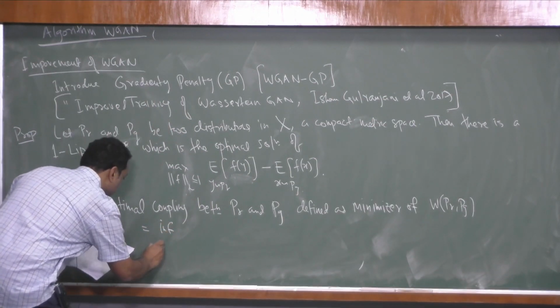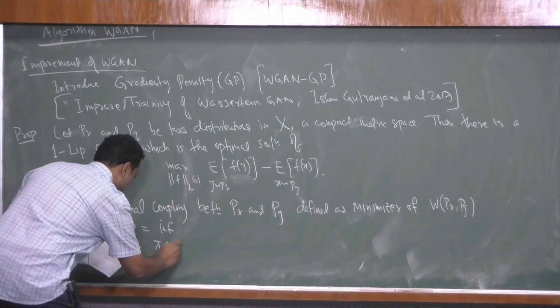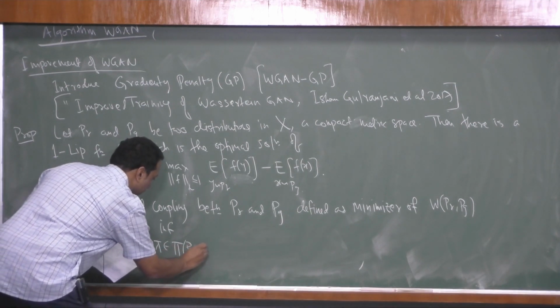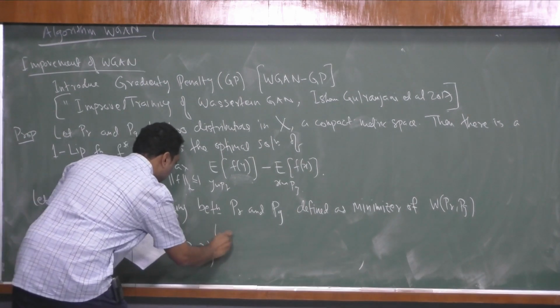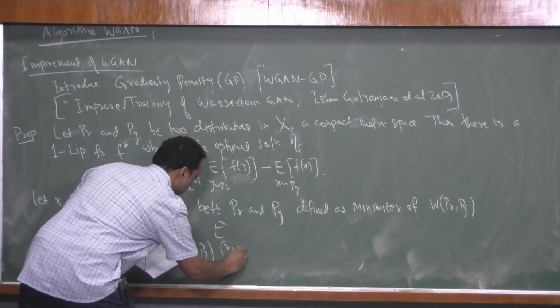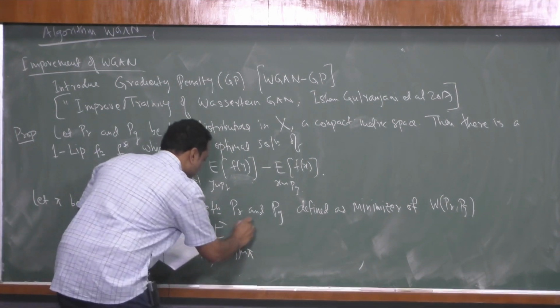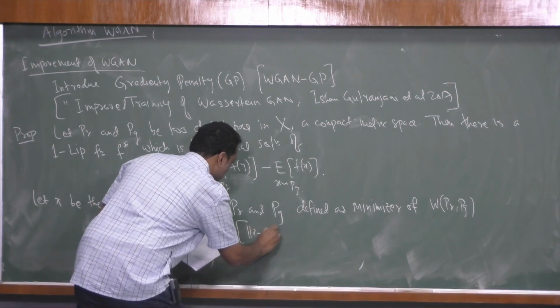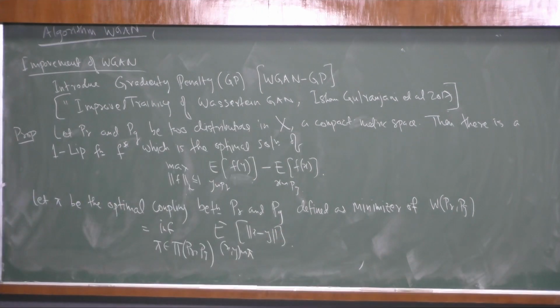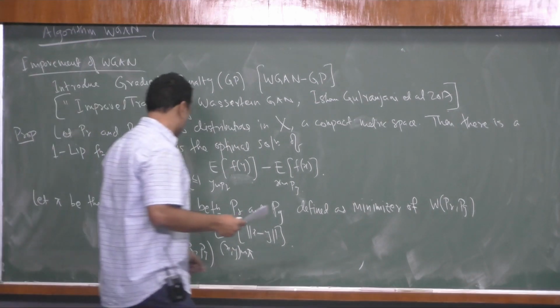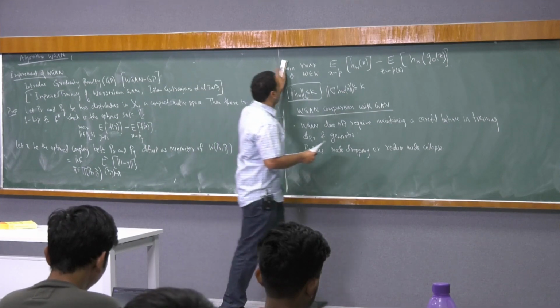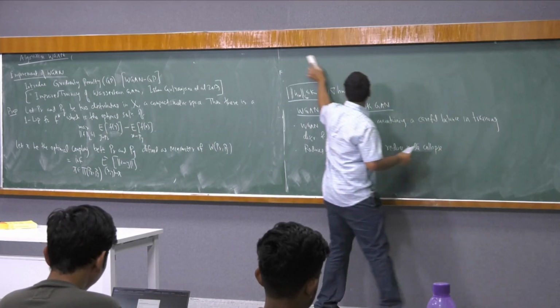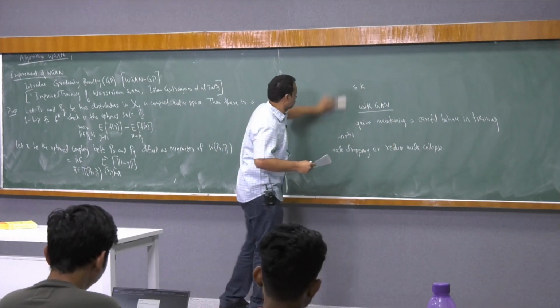So the infimum over pi in Pi(P_r, P_g) of the expectation over (x, y) following the joint pi of the norm of x minus y, where obviously Pi(P_r, P_g) is the set of joint distributions that we have seen in the last class. So that's the formula, the original W distance, right?